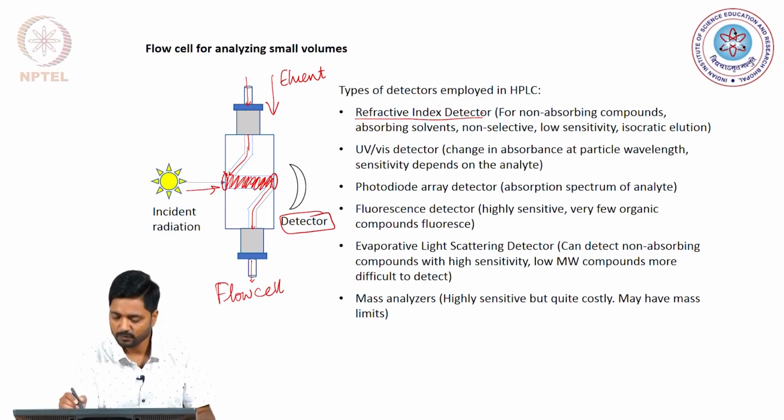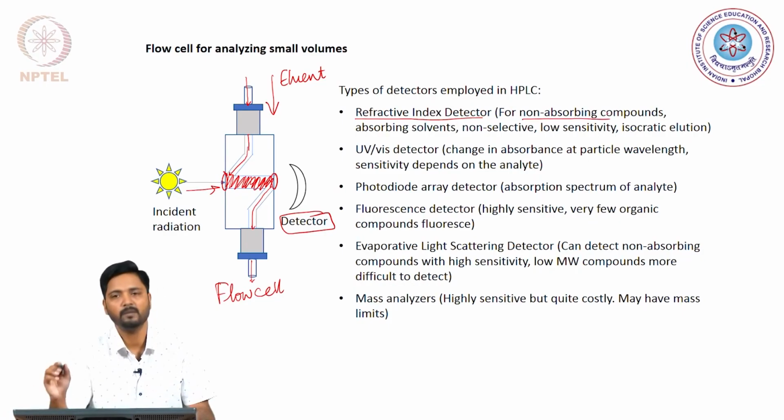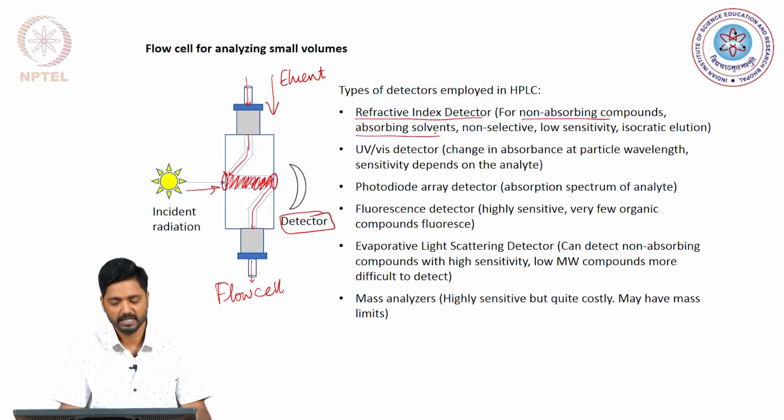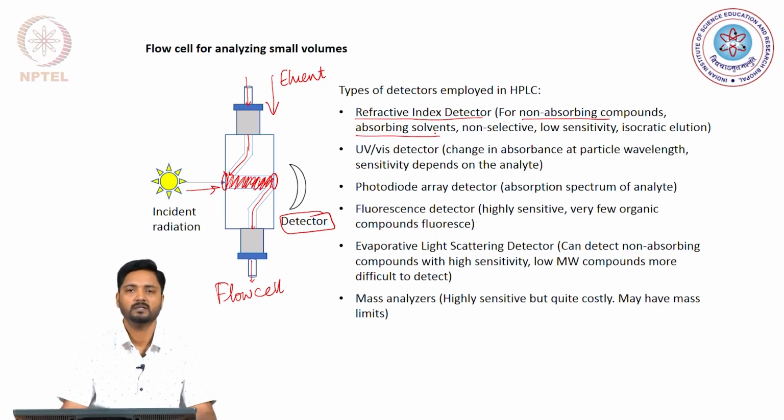It can work well for even compounds that do not absorb the UV or visible light radiation. It can even work if our solvent is absorbing the radiation, because it is uninfluenced by the absorption profile of either the compound or the solute or the solvent.